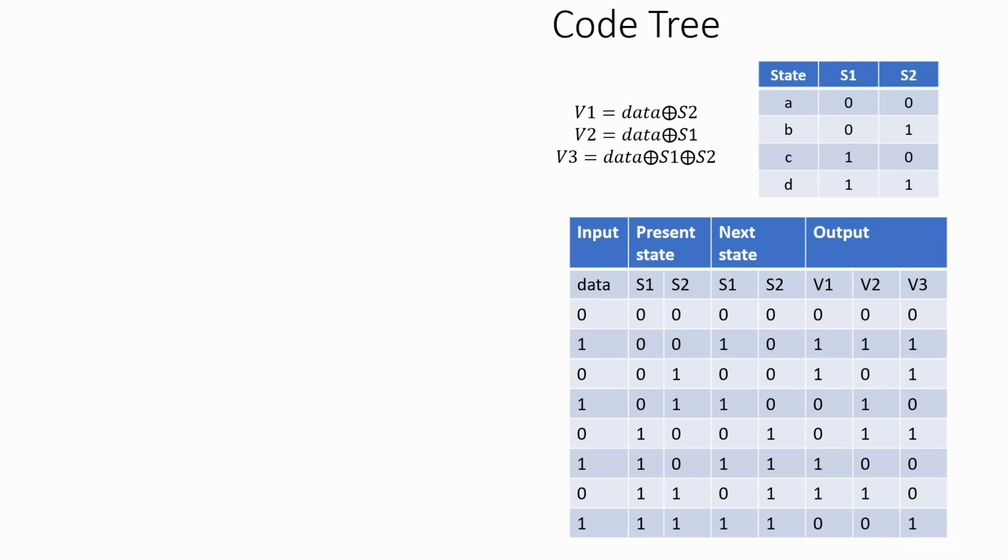So we will be using our same equations of V1, V2 and V3. It was earlier mentioned that the two states S1 and S2 we represent by four different states by the values which S1 and S2 take.